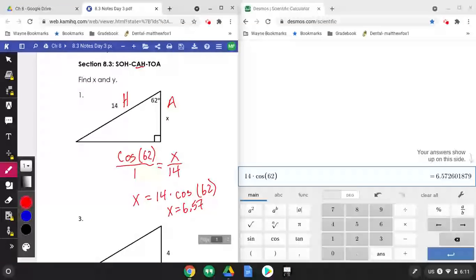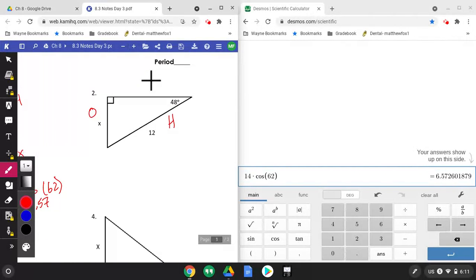If we go back to our thing, O and H is sine. So, remember, SOHCAHTOA. Okay, so sine is O and H. So sine of 48 degrees, all that over 1, will equal O over H. So x over 12.